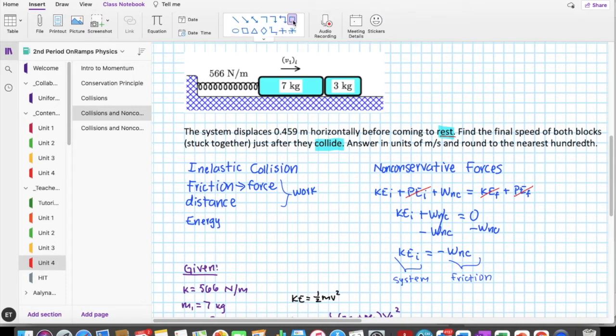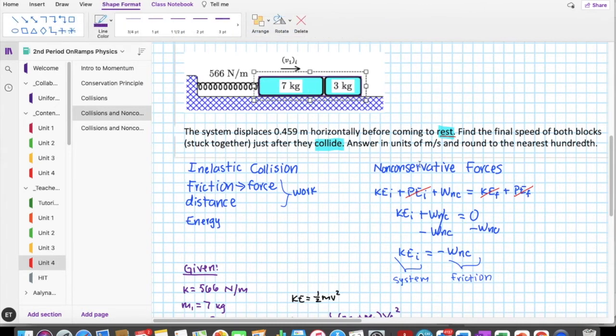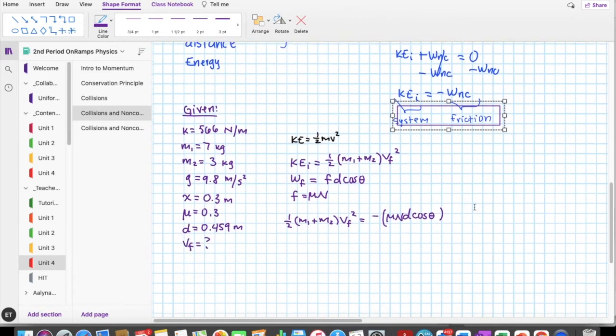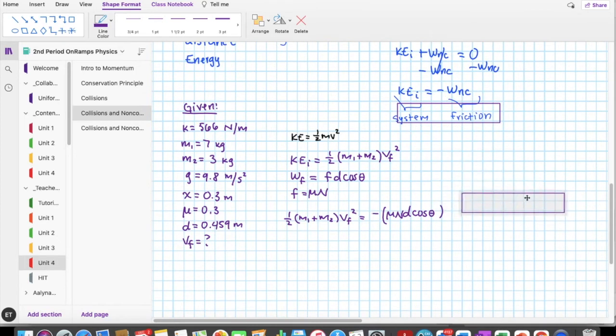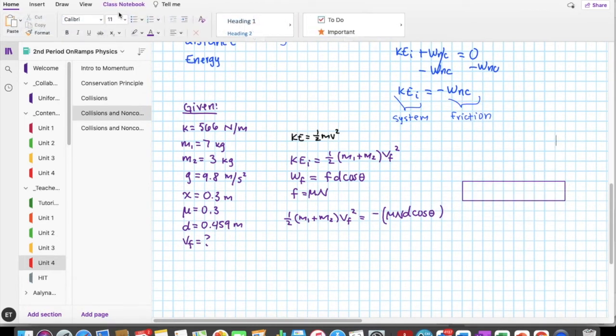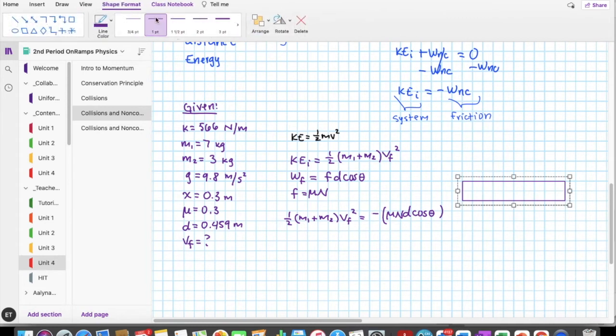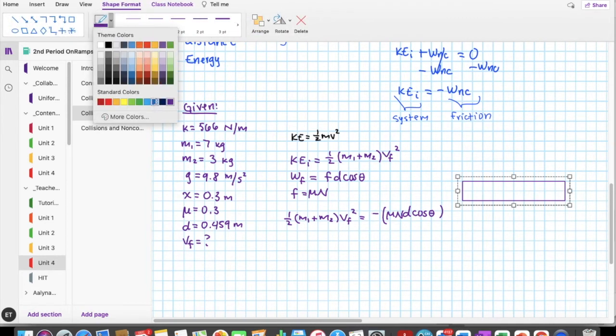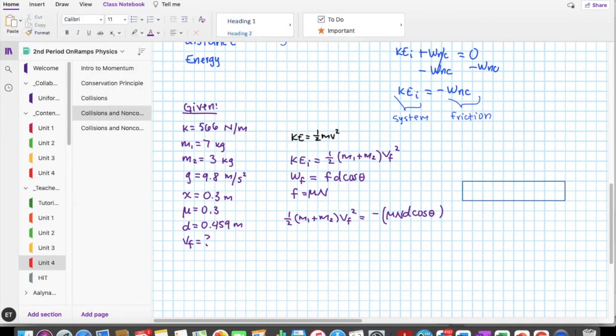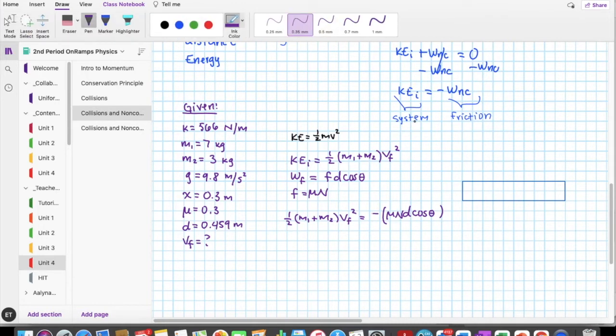Right? Because we have forces. I'm just going to copy the combined mass. Here's fine. Let's make it blue. And you guys know that in this case, there's an acceleration, right?